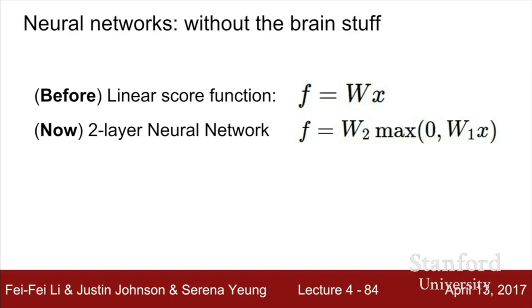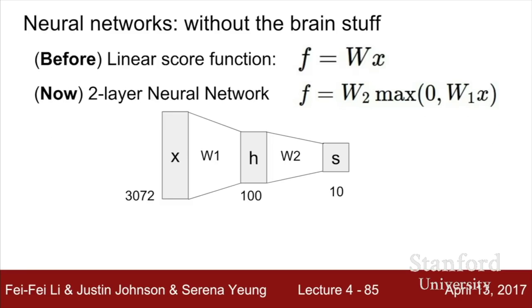So instead of using this single linear transformation, if we want a neural network, as the simplest form, we can just stack two of these together, a linear transformation on top of another one, in order to get a two-layer neural network, right? What this looks like is first we have a matrix multiply of W1 with x, and then we get this intermediate variable, and we have this nonlinear function, a max of 0 with the output of this linear layer.